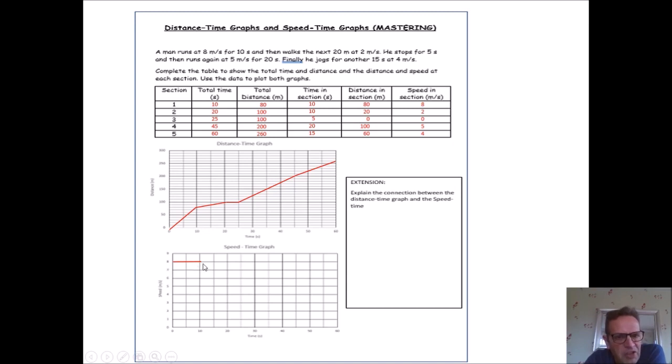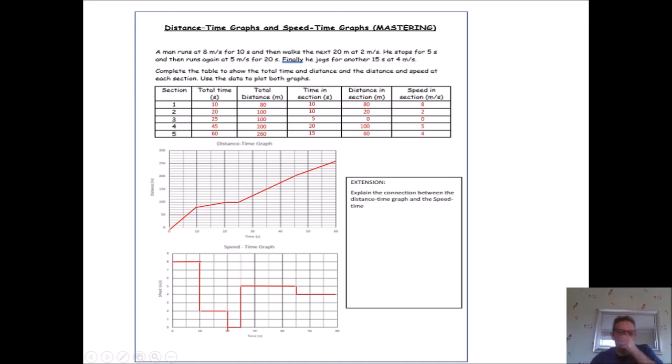So 8 metres a second, and then 2 metres per second, and then 0 metres per second, and then 5 metres per second for 20 seconds altogether, 5, 10, 15, 20 seconds, and then 4 metres per second for the last part.